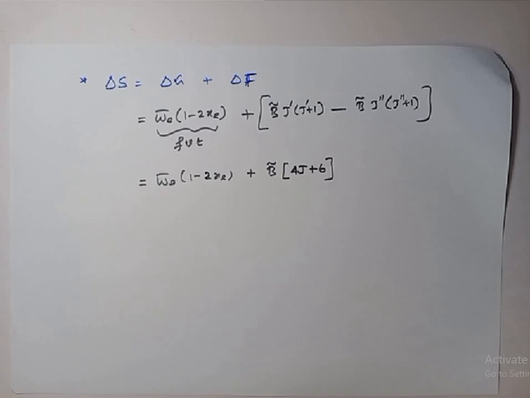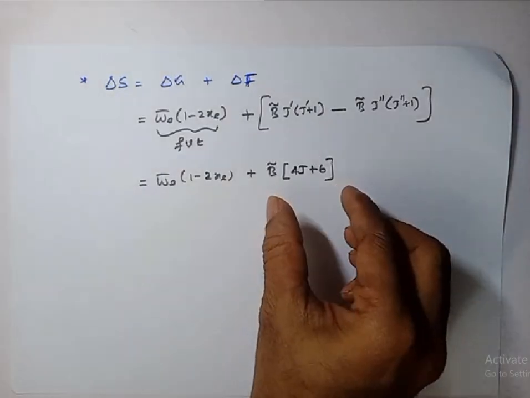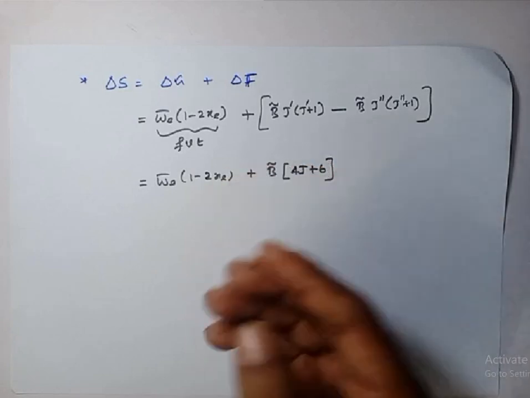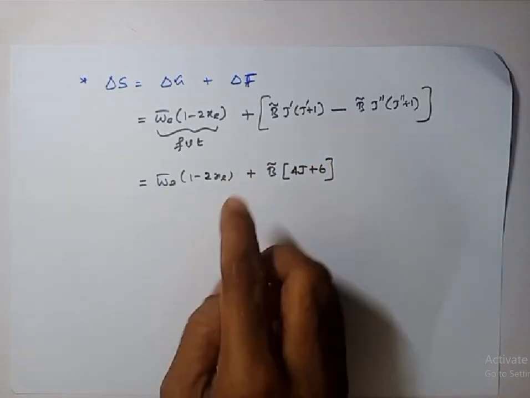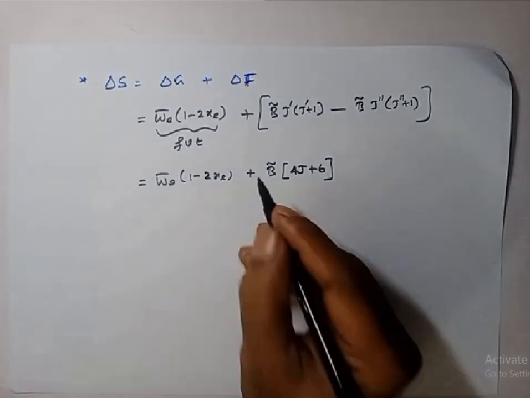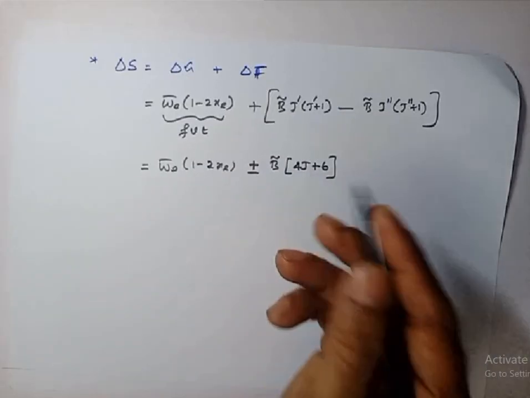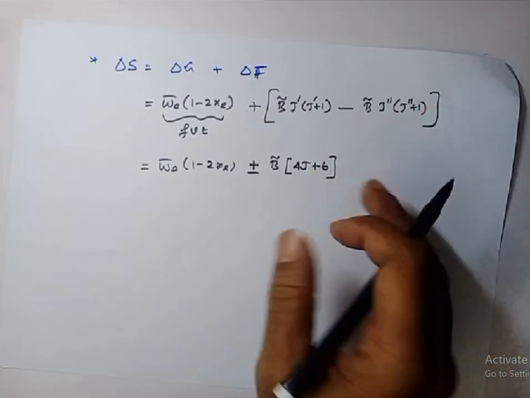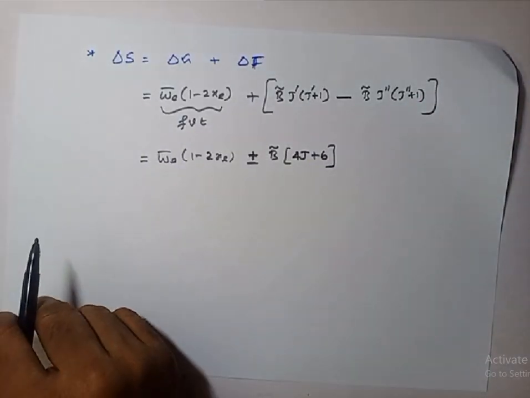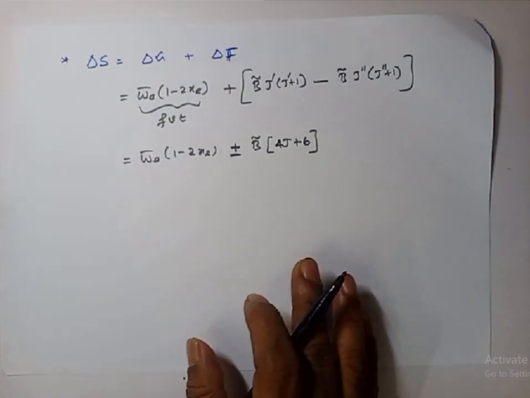If delta J is plus 2, then the energy required for the transition is this. I wrote this formula. It is applicable for delta J plus 2 or minus 2. We get either plus or minus, depending upon the J' and J'' values.